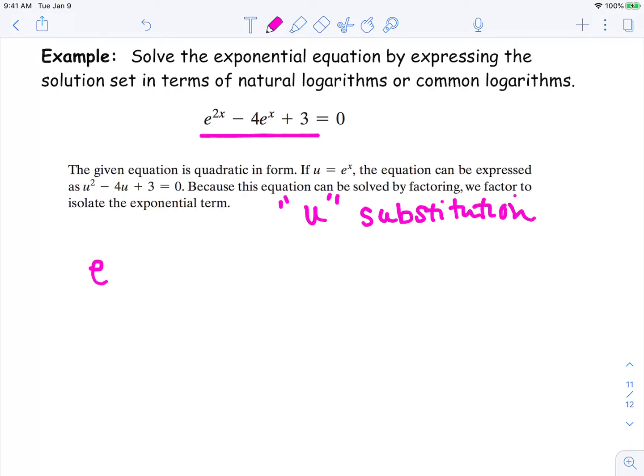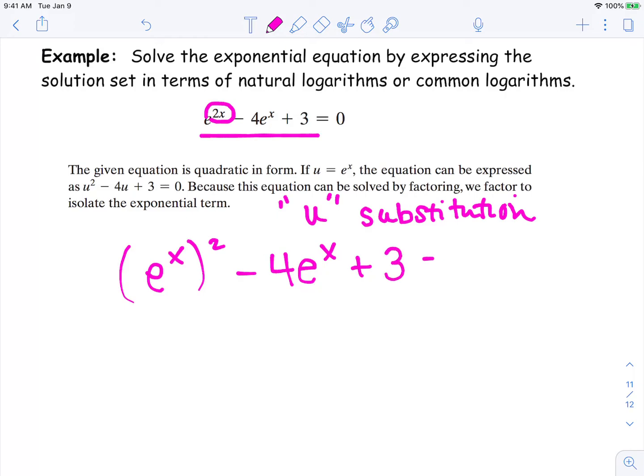So e to the x squared is e to the 2x. So I write it like that. So I'm just changing this 2x to e to the x raised to the second power. And then minus 4 e to the x plus 3.